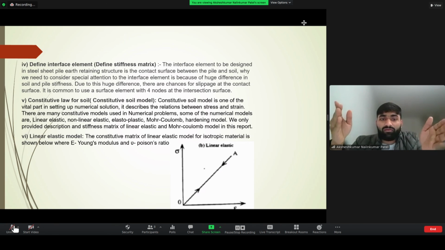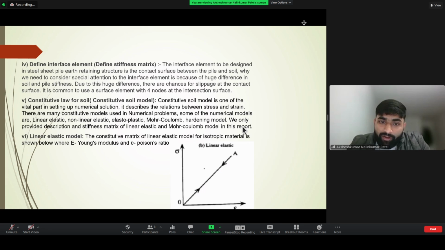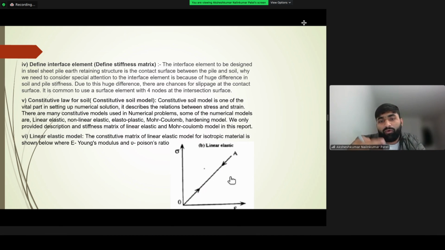In numerical problems, some models are linear elastic, some non-linear elastic, elastoplastic, Mohr-Coulomb, or hardening models. We have so many models, but we mostly go with the linear elastic model or the Mohr-Coulomb model.